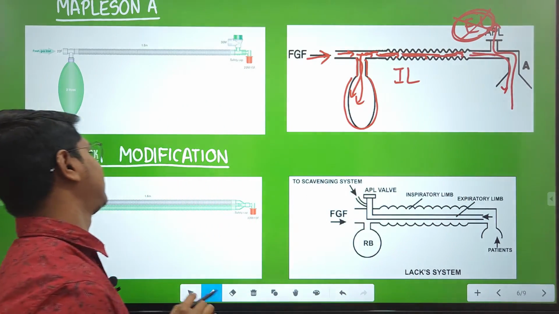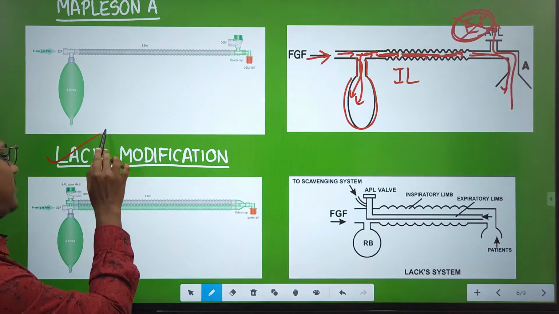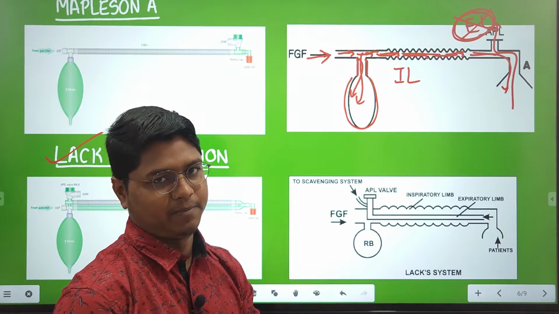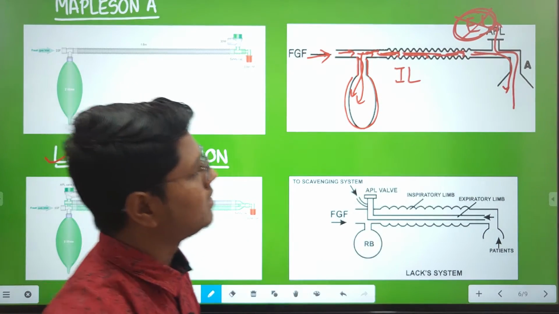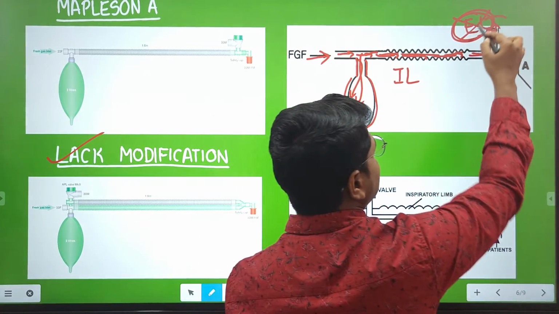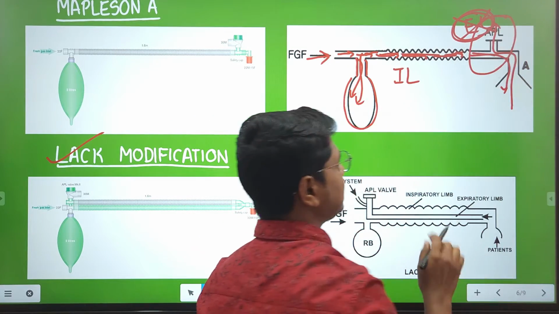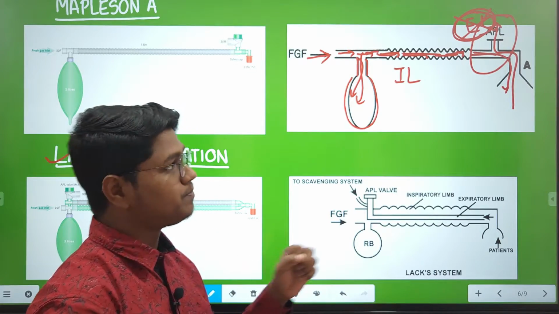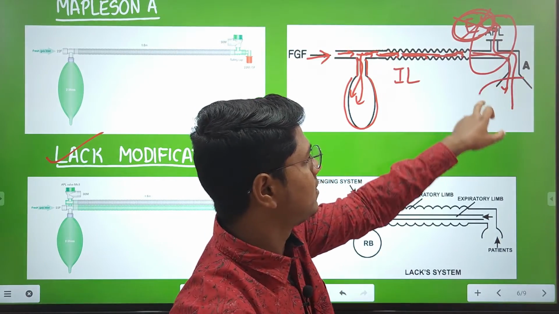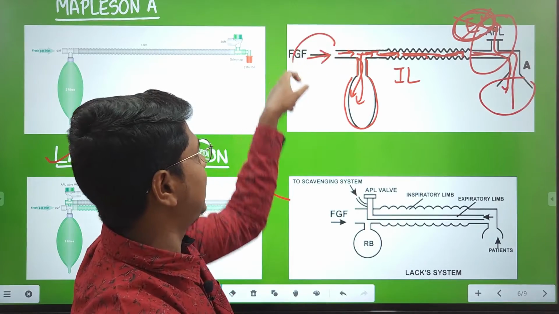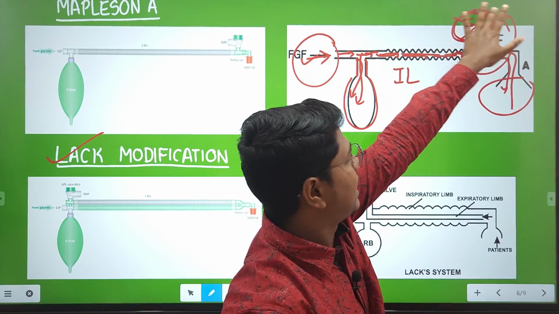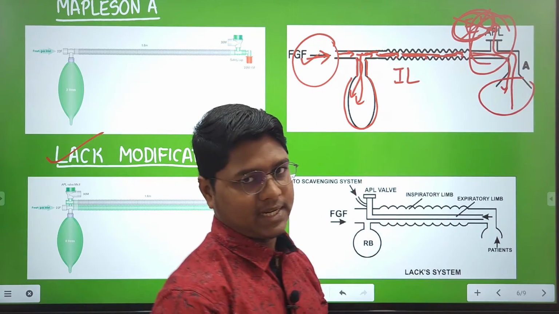So a scientist named Lack thought, why not we provide an expiratory limb. You see the problem here, APL valve is a control mechanism through which the breathing circuit can be controlled. This is the patient's end and this is the machine end. Here one control mechanism is towards the patient end.